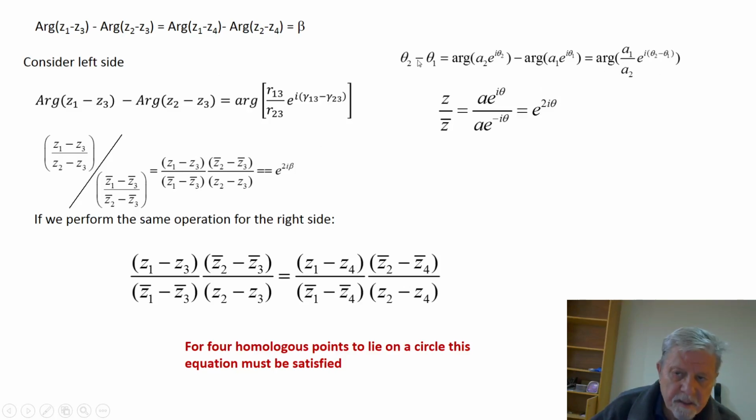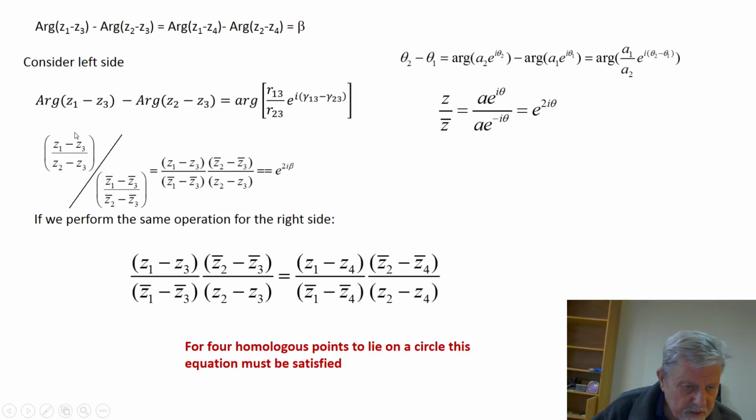This is the division of these two vectors, divided by its complex conjugate, Z1 bar minus Z3 bar, divided by Z2 bar minus Z3 bar.